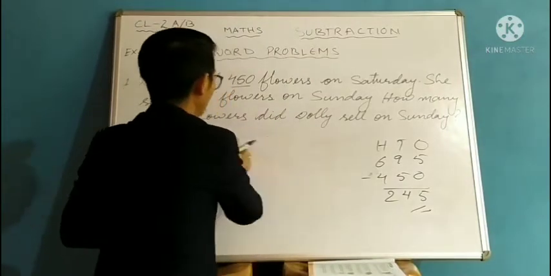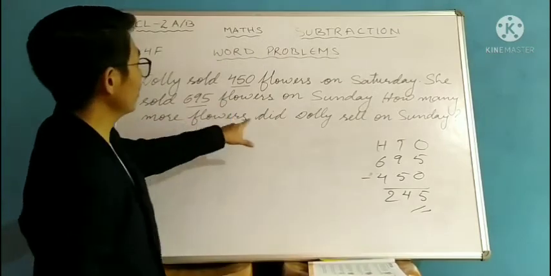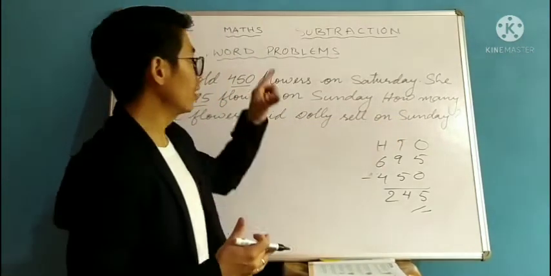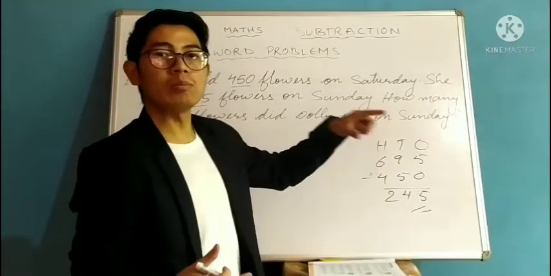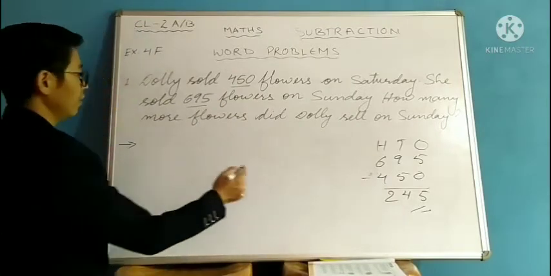According to the question, you need to find out how many more flowers Dolly sold on Sunday, because we know that on Sunday Dolly sold more flowers as compared to Saturday, right?